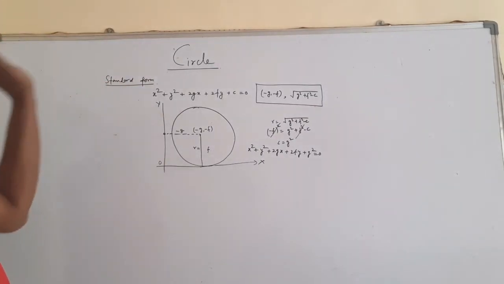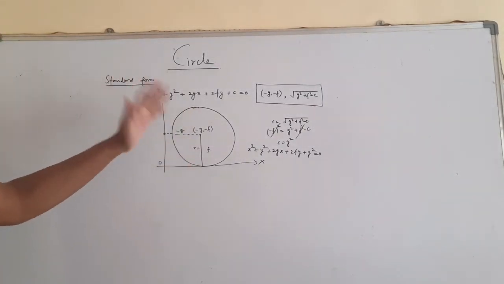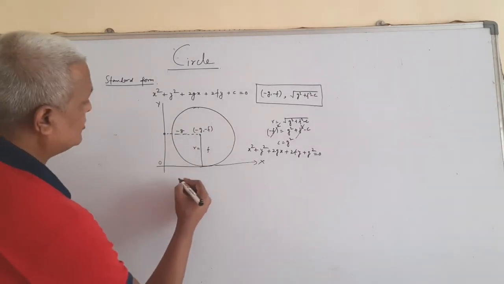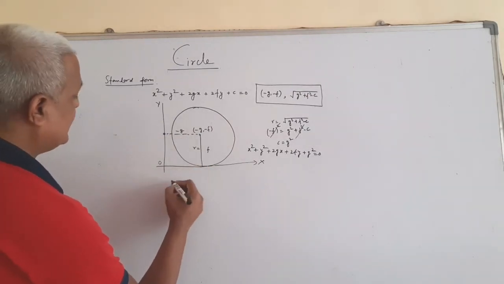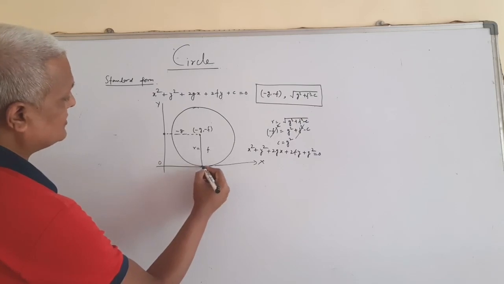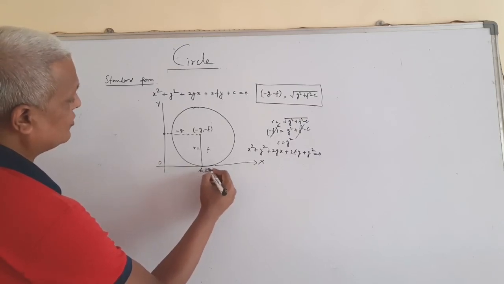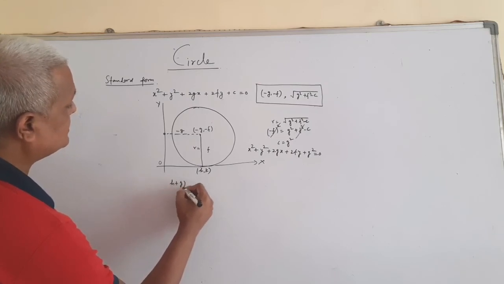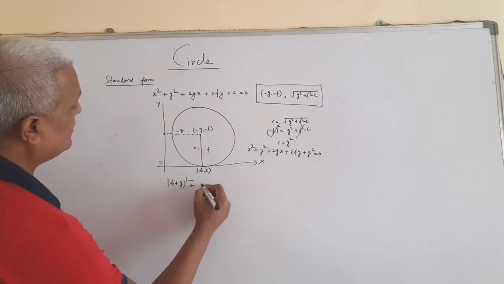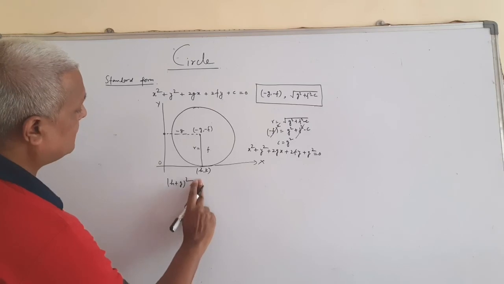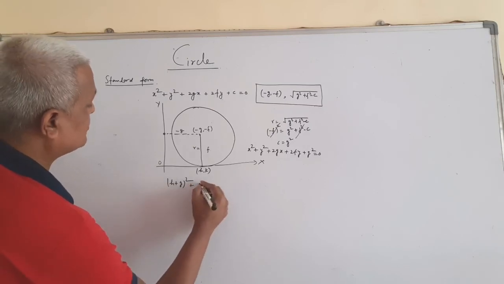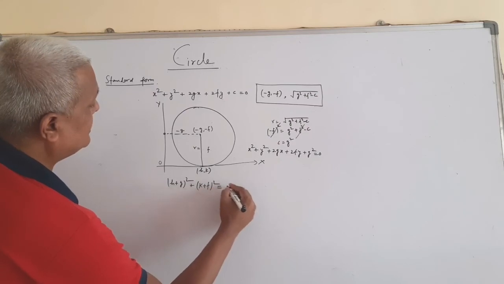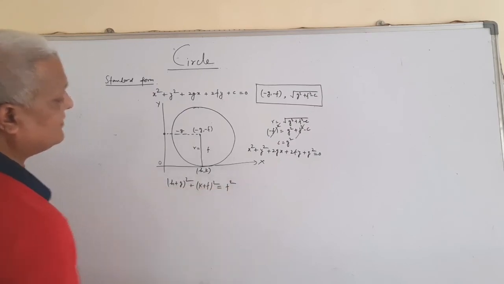Suppose I forget everything, I don't remember what a circle is, I just simply go by the definition. Then my circle is going to be in this condition: the distance, suppose I take my point as locus (h, k), so I get (h plus g) whole square plus (k plus f) whole square, and the radius squared is f square.